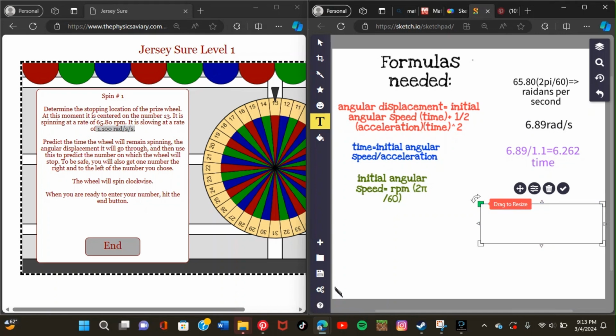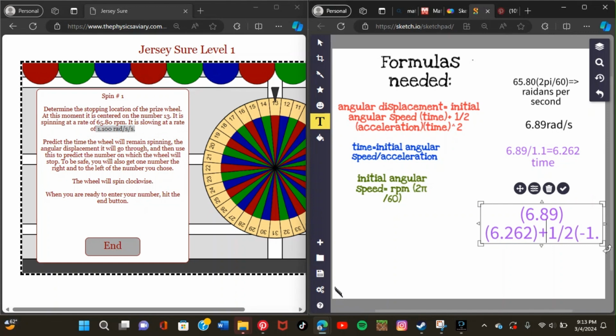So it would be 6.89 times the time, which is what we found, 6.262, plus 1 over 2. And then the acceleration needs to be negative, and the acceleration is going to be this right here.